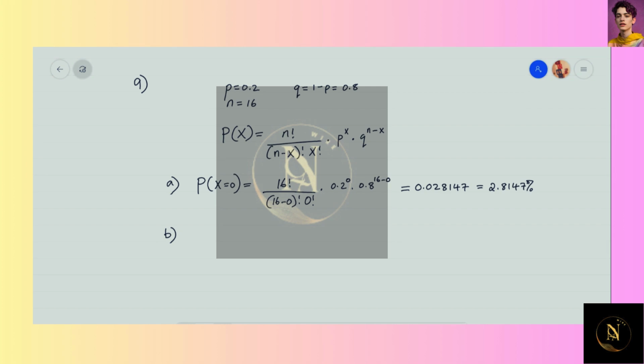In the second part of the problem, B, we're told to find the probability that one half will have high blood pressure. In this case, one half represents 8. So the probability that one half will have high blood pressure is P(x equals 8). We do the same thing: 16 factorial divided by (16 minus 8) factorial multiplied by 8 factorial, then multiplied by 0.2 raised to the power of 8, and that's multiplied by 0.8 raised to the power of 16 minus 8.